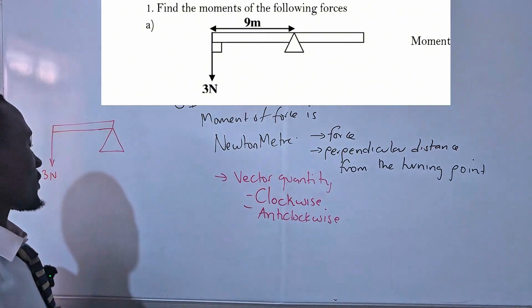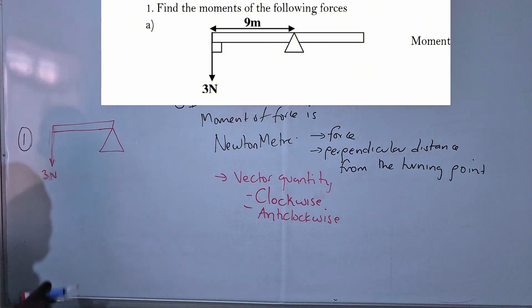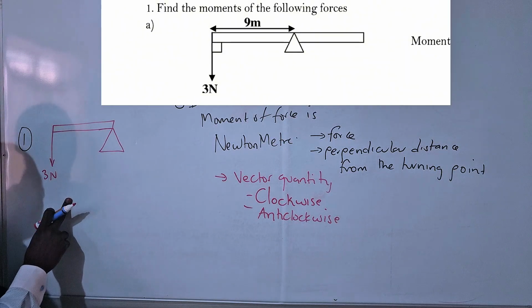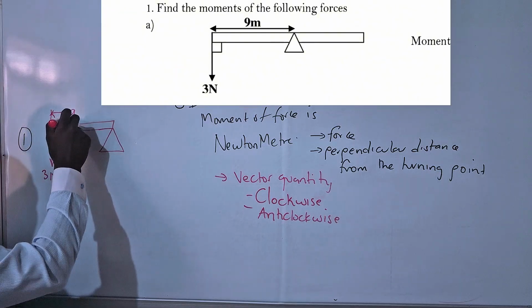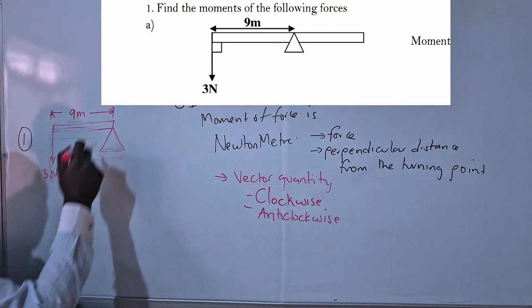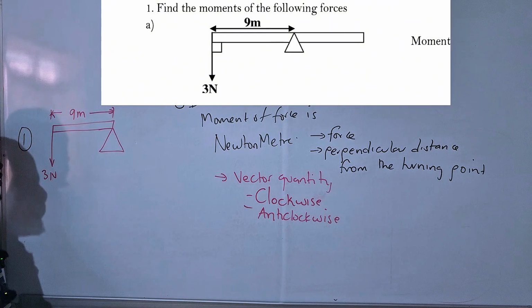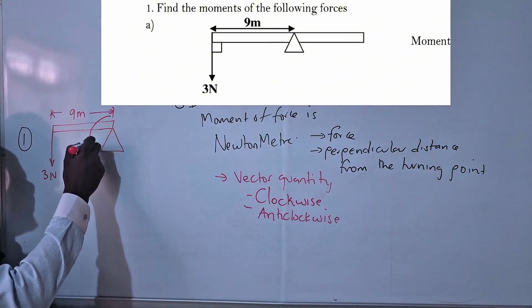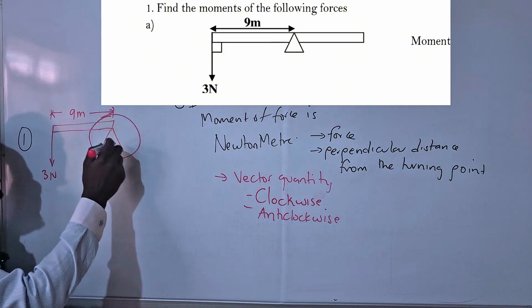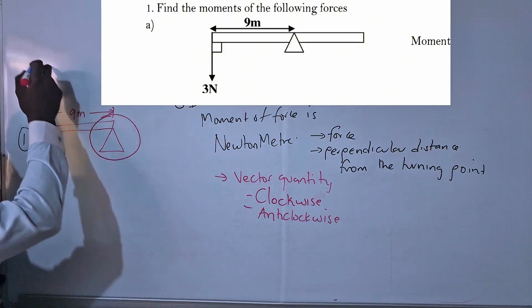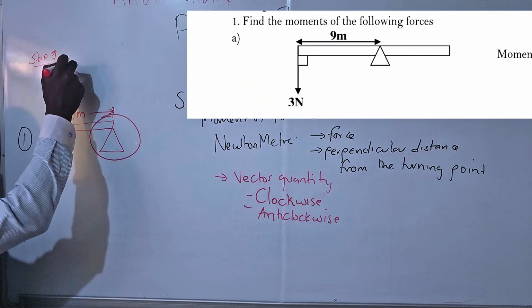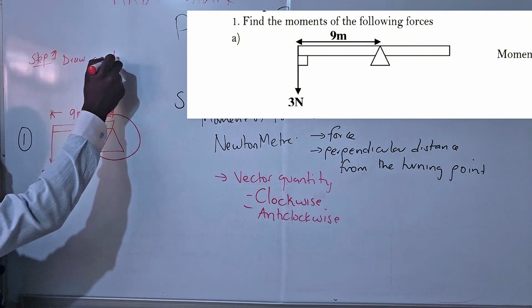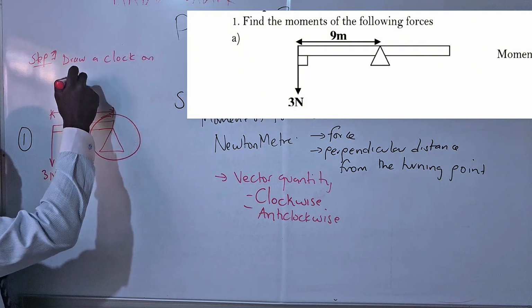So when we look at our question 1, this is what we are having. And we are having this distance given to us as 9 meters. They want us to calculate the moment of a force. Now, what we always do is we come and we draw a clock on our turning point. Step 1, draw a clock on the turning point.